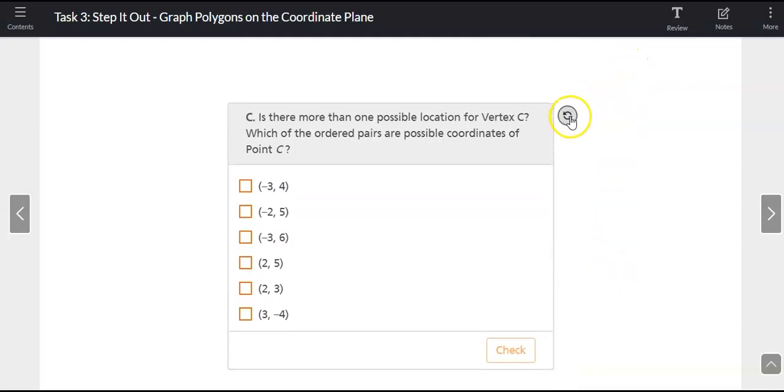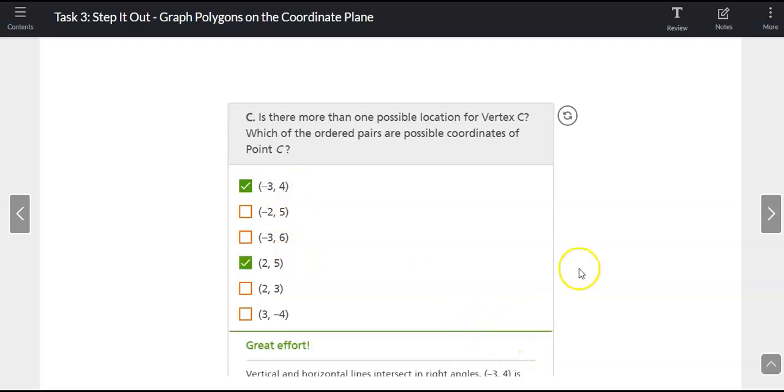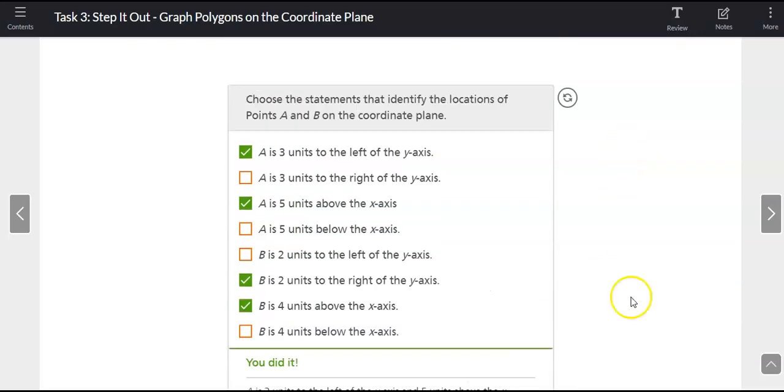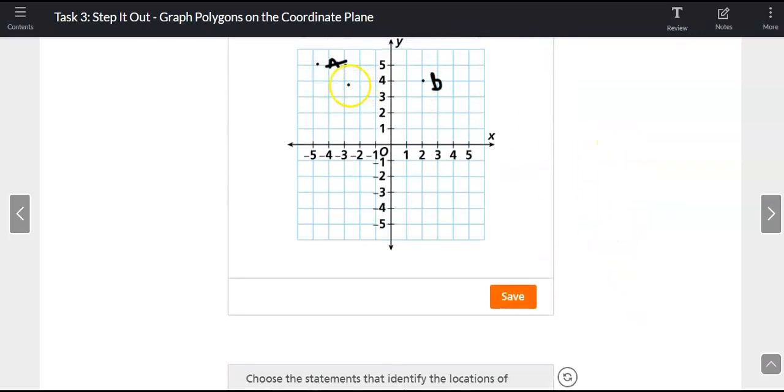We could be at 2, 5, or we could be at -3, 4. And if you check back on your graph, those are the points that I pointed out to you.